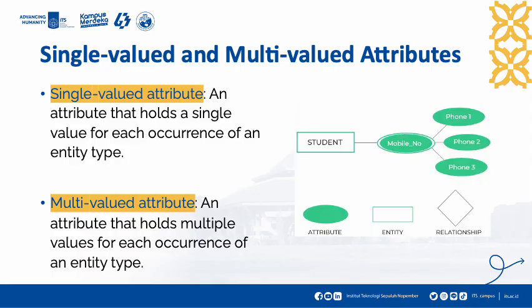One example of a multi-valued attribute is phone number. Some systems will allow you to input more than one phone number. So that's what is called a multi-valued attribute. It allows you to have more than one value for one attribute.